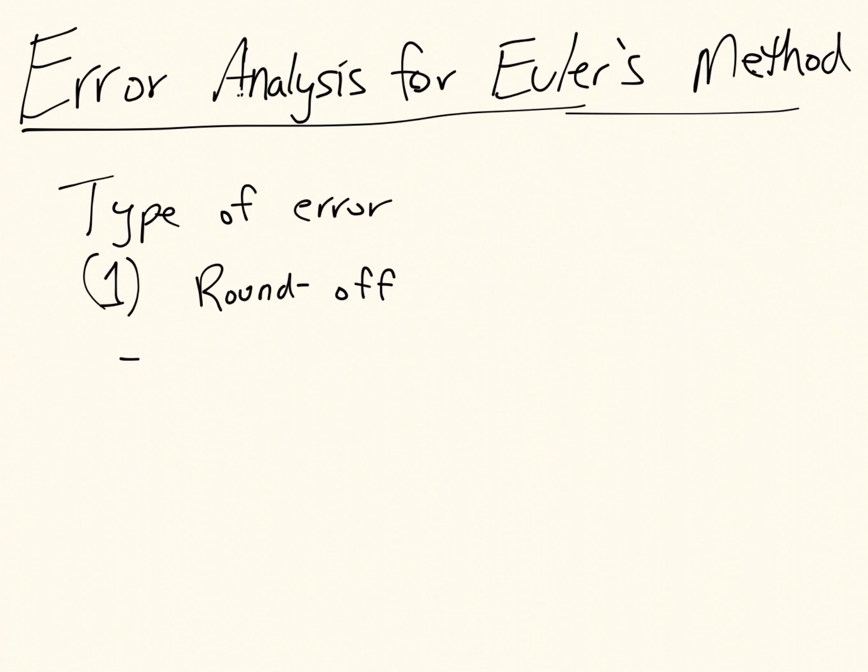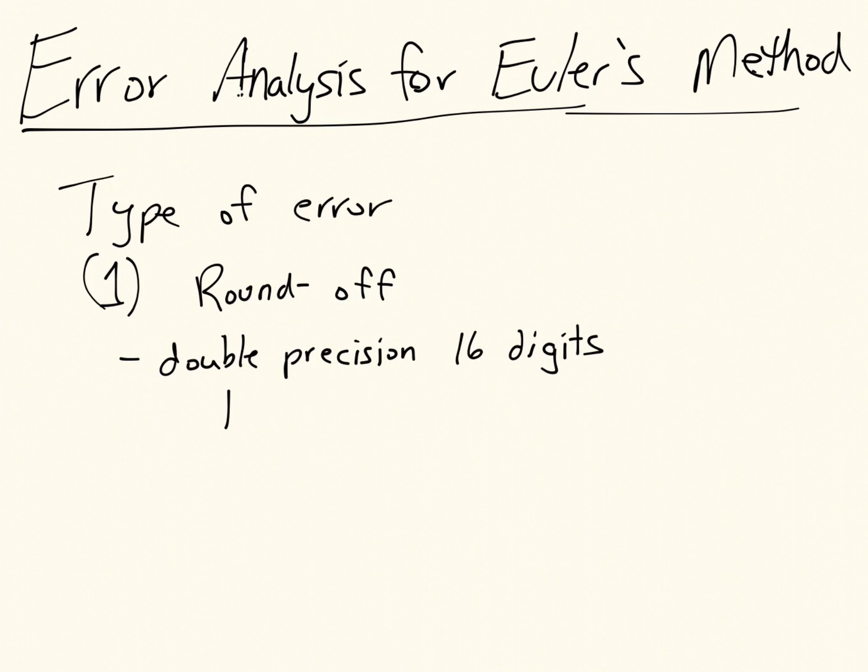For example, a double precision number, which is the default in MATLAB, stores 16 digits. So if you do a calculation in MATLAB, you have 16 digits to work with.